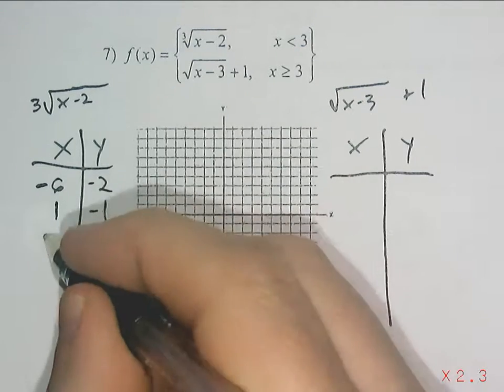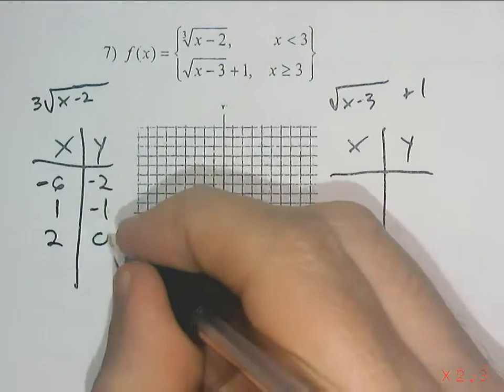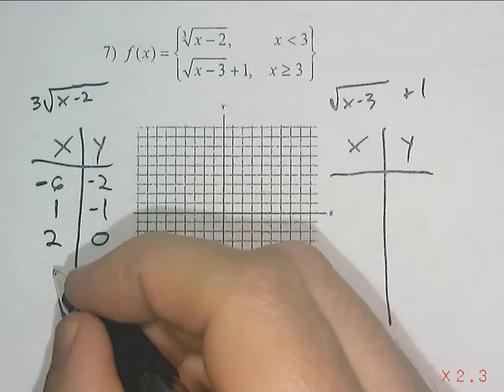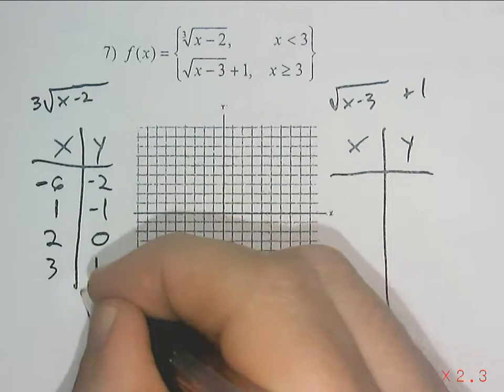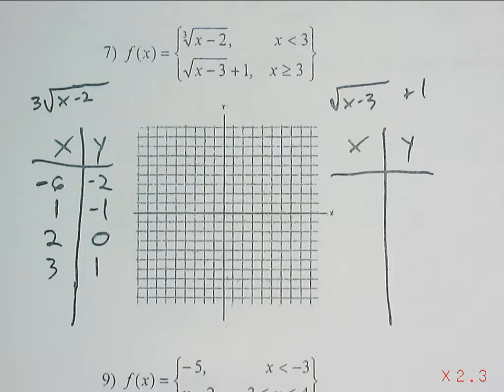And then I'd plug in positive 2, which would give me a cube root of 0. And then I'd plug in positive 3, which gives me a cube root of 1. And then 10 isn't going to fit. So that's all I'm going to use for that table.